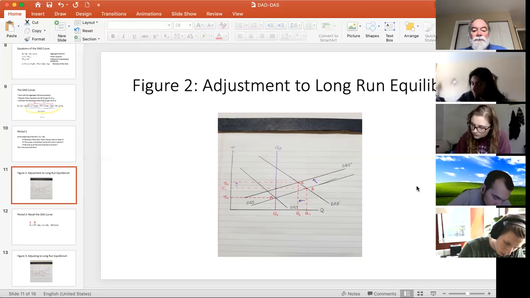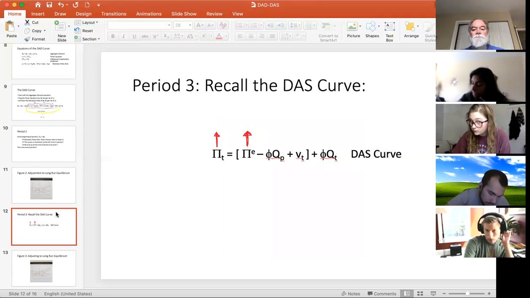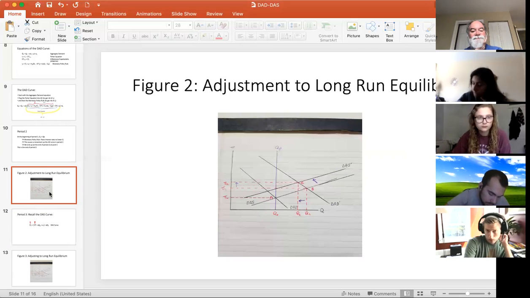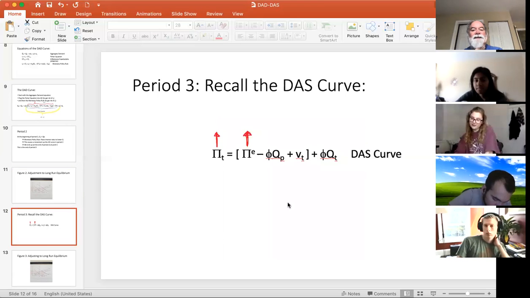And when they do, what happens to the DAS curve? Here's the hint.